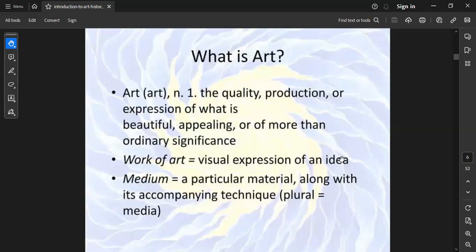When you do rendering in design, suppose you're a product designer rendering some product, coloring it, you need to know some basics of art so that you are able to visually express what you are thinking of. Otherwise, whatever idea you have, you will not be able to put it on a piece of paper.